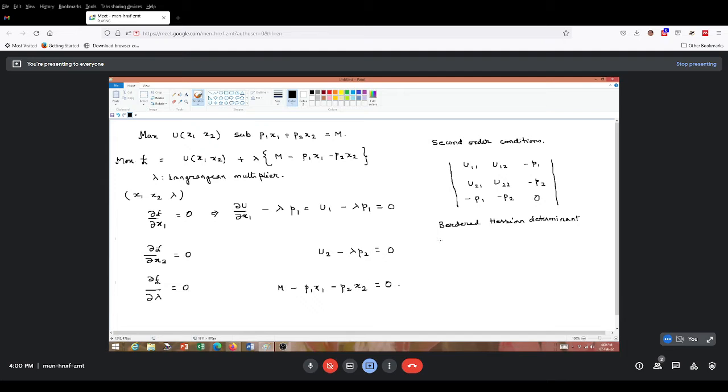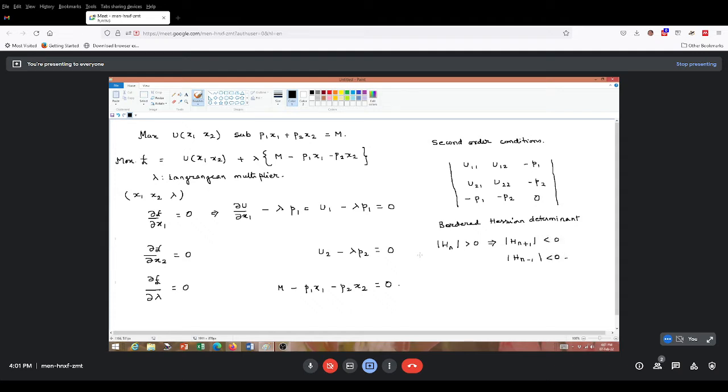So if you are trying to maximize the function, then the bordered Hessian determinant, we call this H, alternates in sign. So that means, let us say, if this is positive, then this implies that Hn plus 1 and also Hn minus 1 both will be negative.